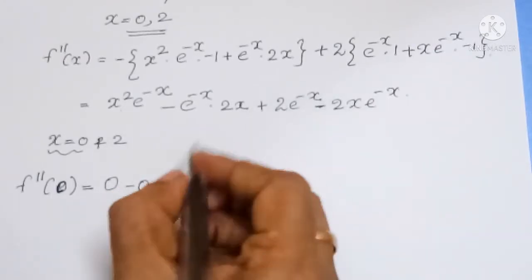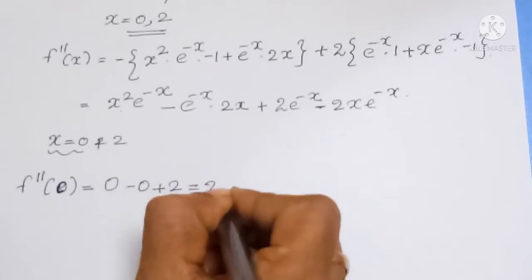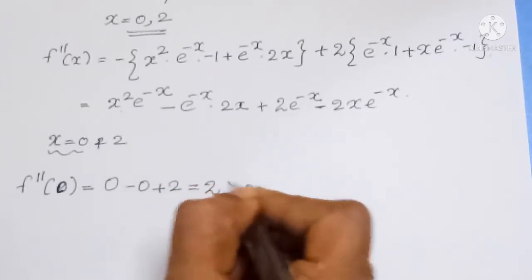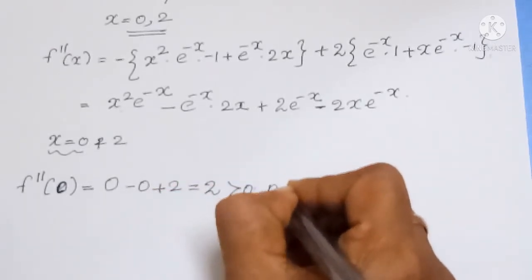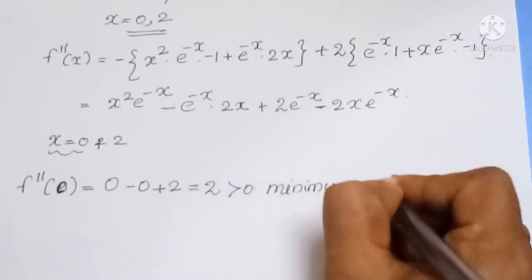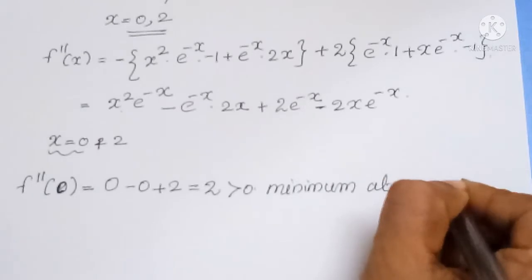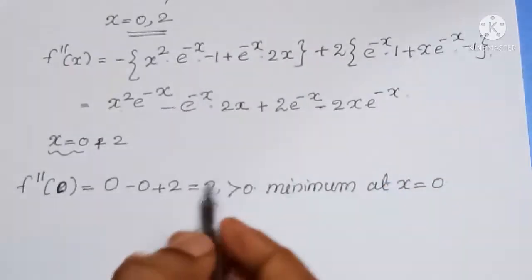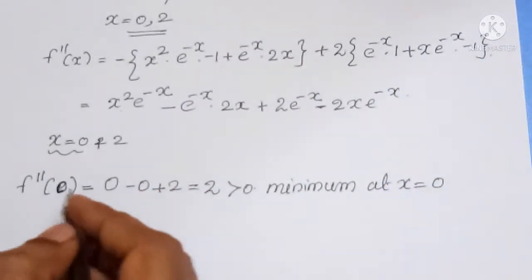This term becomes 0. Here we get 2. It is greater than 0. That means f of x is minimum at x is equal to 0. But here we need to find the x value when f of x is maximum.